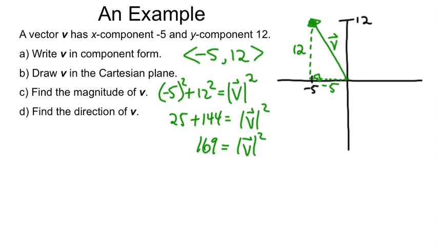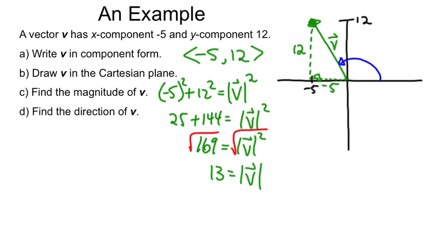And if I take the square root on both sides, then what I'll end up with is the magnitude of my vector v is 13. So this is 13 units long. Lastly, we want to find the direction. And remember that the direction is going to be coming from way over here. So our last answer has to be that.